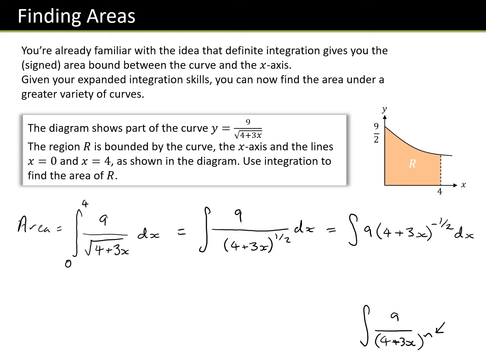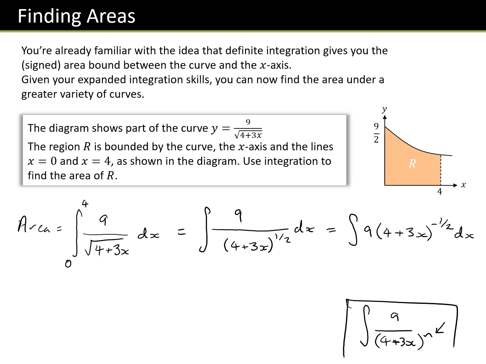I'll say that once more because this is one of the important things that you need to spot when you're doing these questions. If you have a fraction where the denominator has a power across the whole thing, you write it as a negative power.